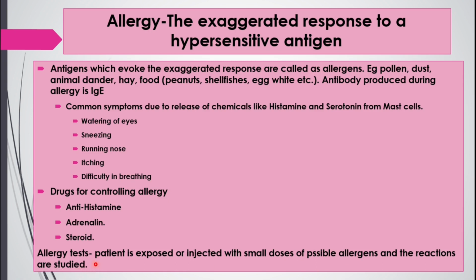Normally, either in the forearm or the upper arm, very small doses of allergen are introduced, and that particular spot is immediately coded. Then later on, after say 1 to 2 or 2 to 3 hours, that site is studied to see if there is any kind of inflammatory reaction or any other allergic reaction.